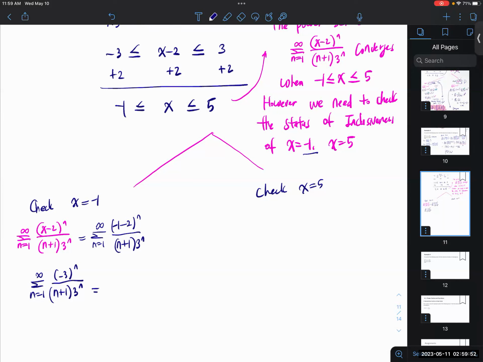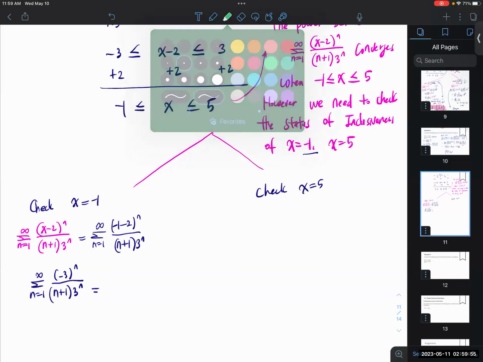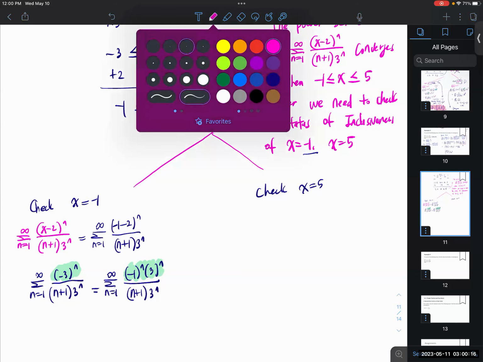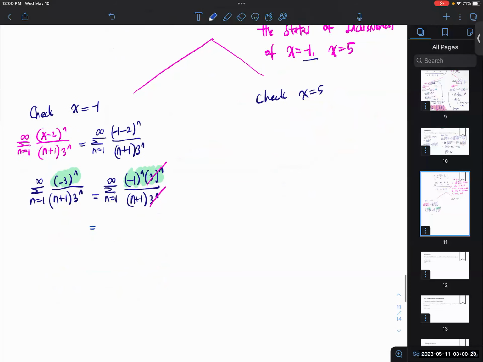So I can separate it, watch me: (-1)^n and 3^n, they're the same thing. So n plus 1, 3^n. The 3^n cancel. So we have (-1)^n over n plus 1.